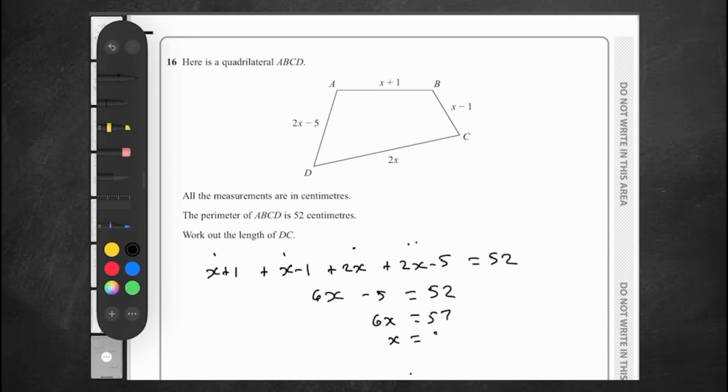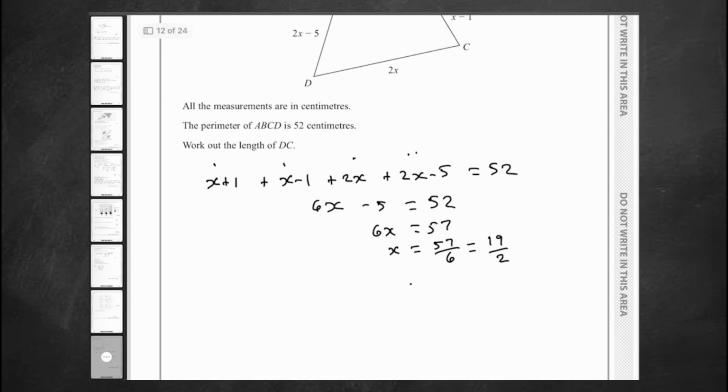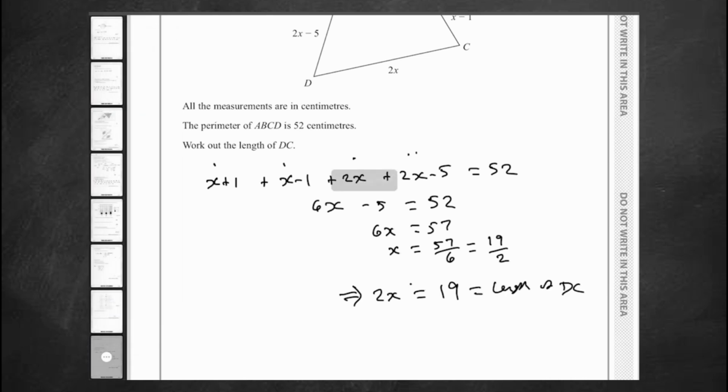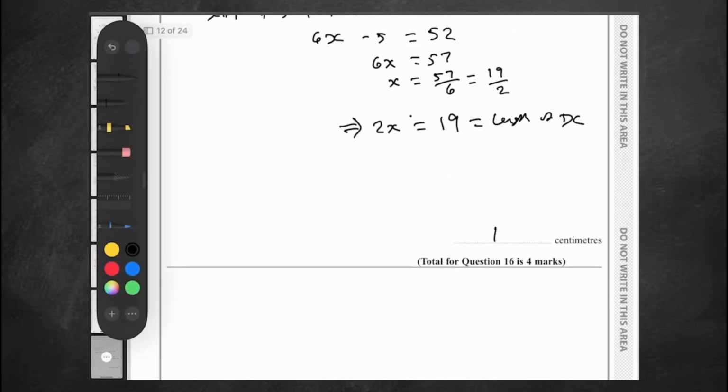So x equals 57 over 6, which is the same as 19 over 2. But the question is asking for the length of DC, which is 2x. So therefore, 2x is going to be 19, which is the length of DC. 19 centimeters.